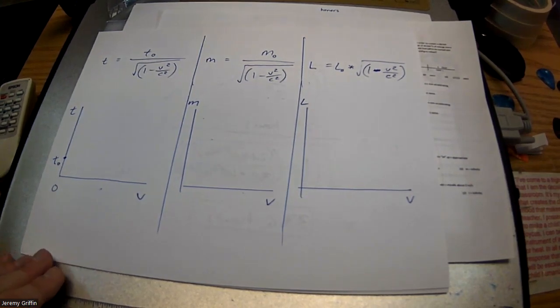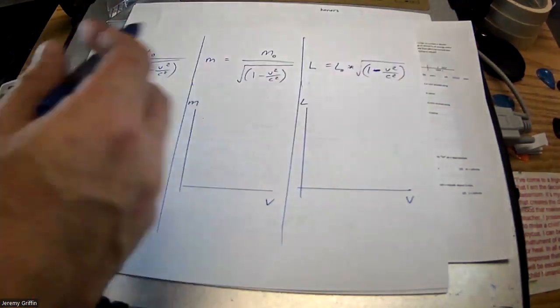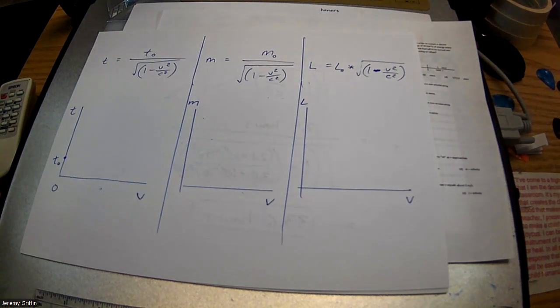What I just showed you guys is actually a really important principle in science called the correspondence principle, which says that suppose you come up with some wacky new theory about how something works. I'm sure that special relativity was the wacky new theory on the block back in 1905.